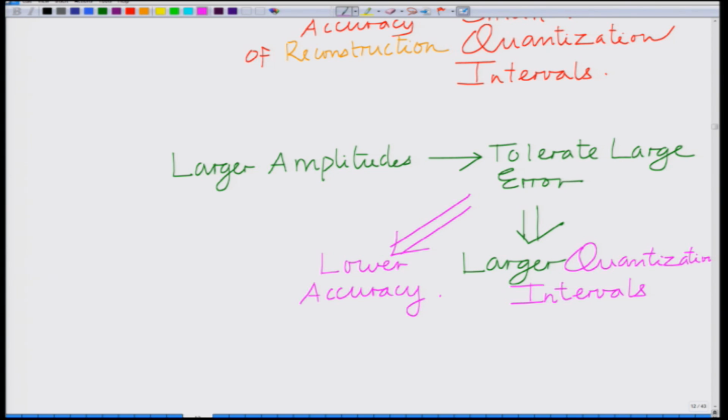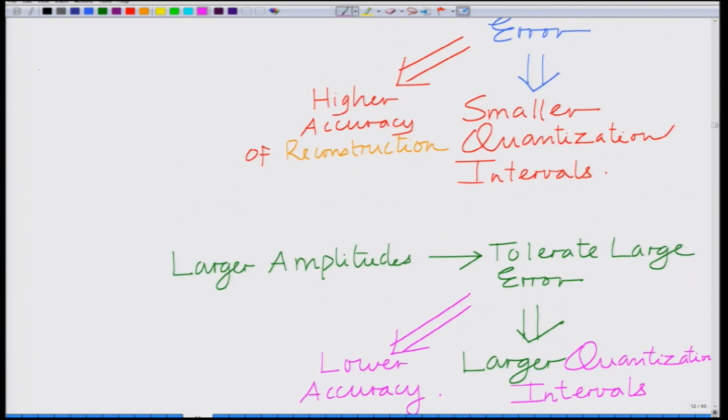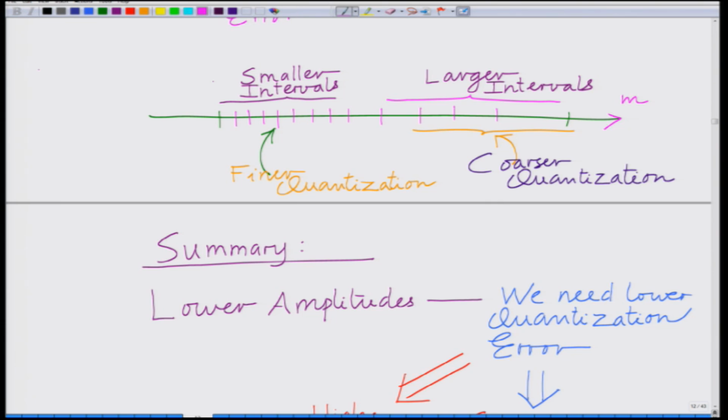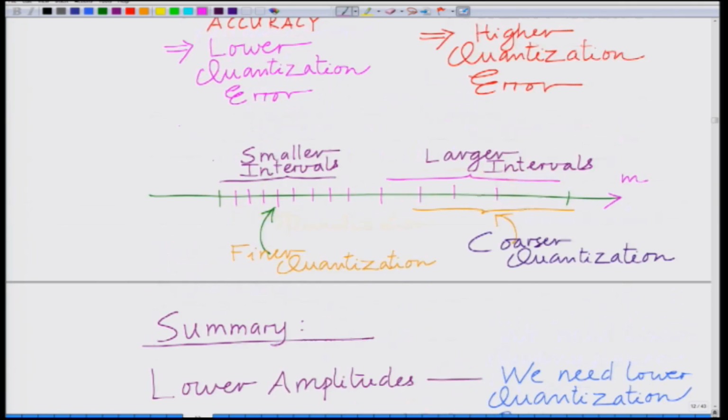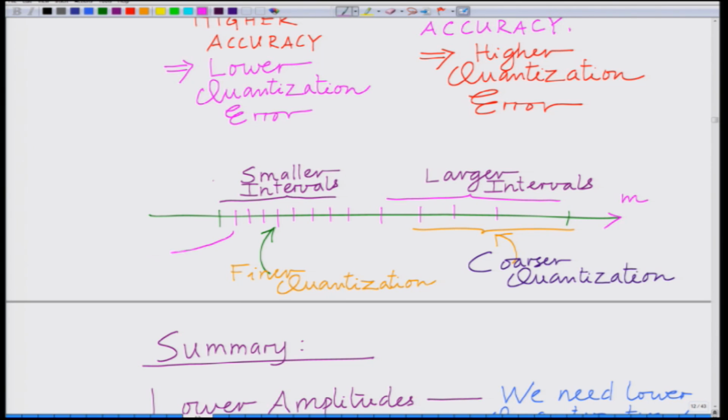Okay. Now, if you look at this figure, you can see that the width of the quantization intervals is not uniform.